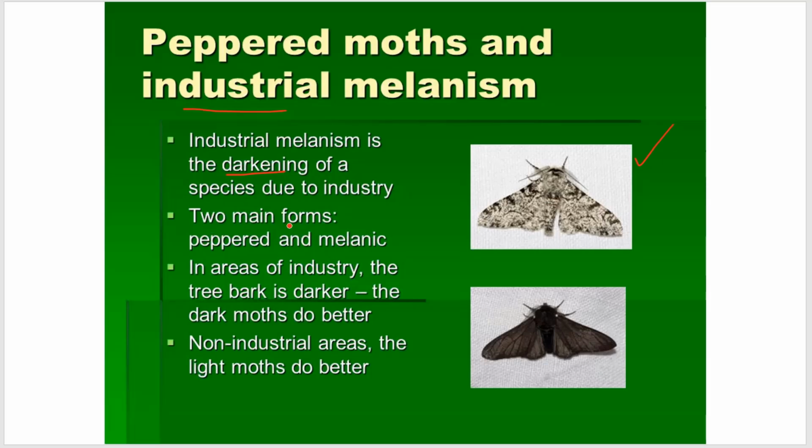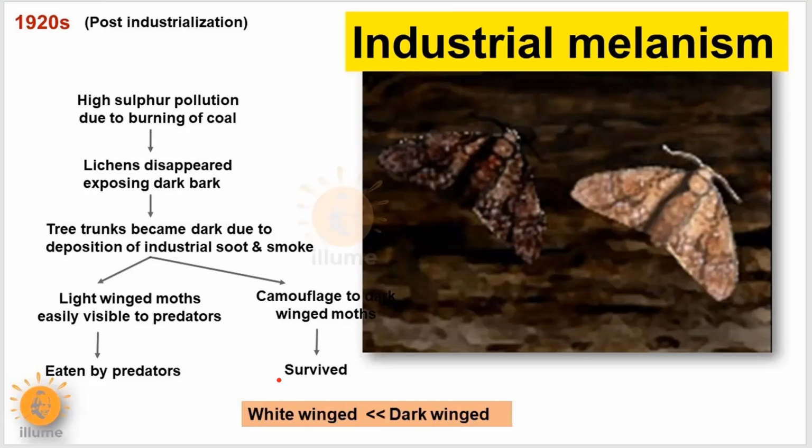So there were two forms, peppered and melanic. In areas of industry, the tree bark gets darker and the dark moths do better. In non-industrial areas, the light moths do better. So this was what happened.